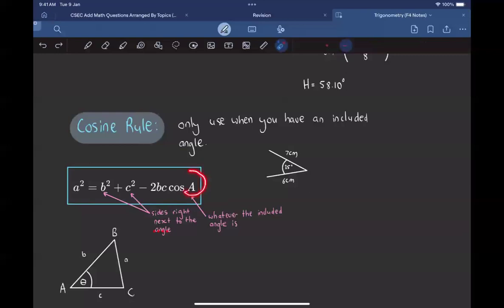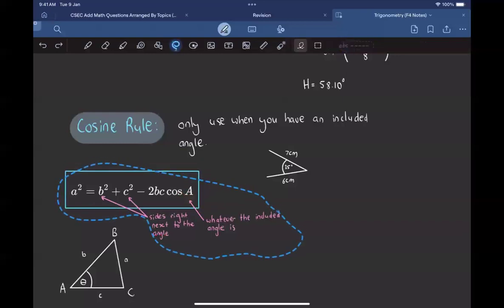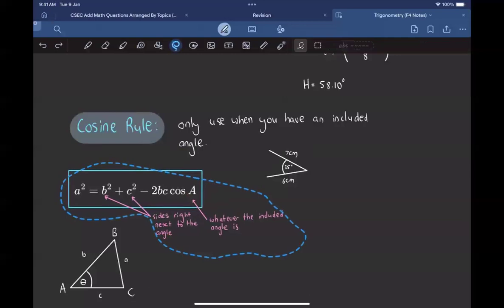And this over here is the included angle. So let me apply this to the question we have.